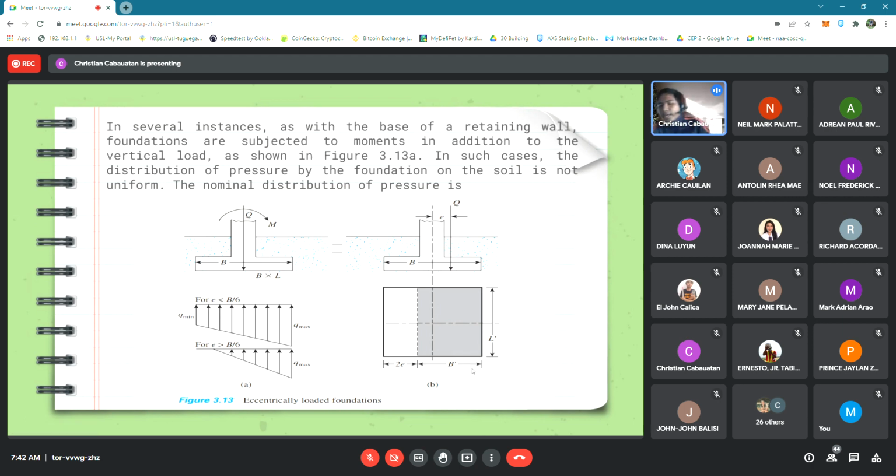The width is B prime, which is reduced by the eccentricity: B minus 2 times the eccentricity. We can already see there is an effect of our eccentricity on the given width or length of our foundation. Later on, in solving, we will see how to understand the pressure diagram well.